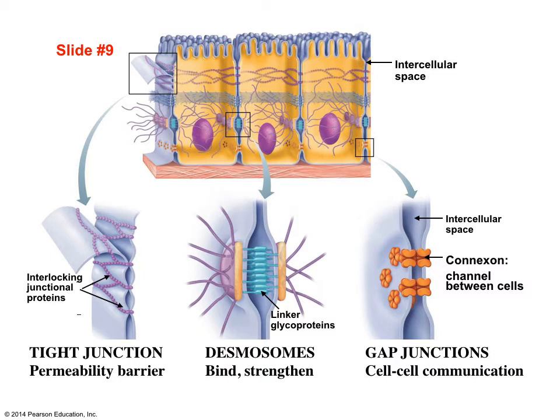Desmosomes, tiny binding bodies, are like little buttons that strengthen cell-to-cell adhesion and binding. Gap junctions include connexons, which are essentially proteins that span from one cell to the other. These proteins, connexons, have internal channels that allow for cell-to-cell communication.